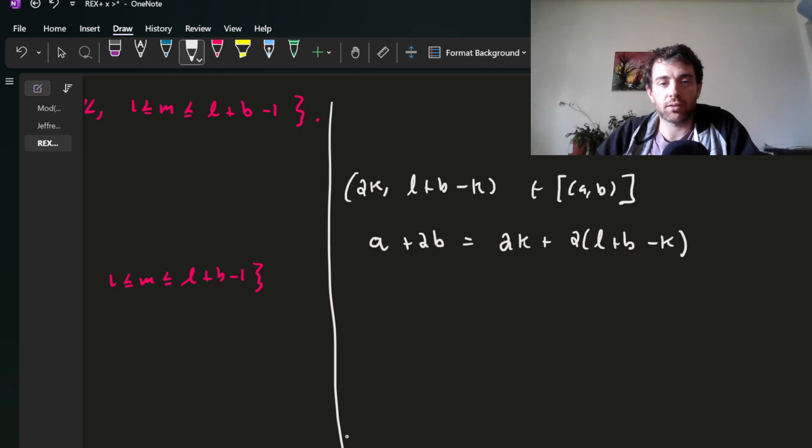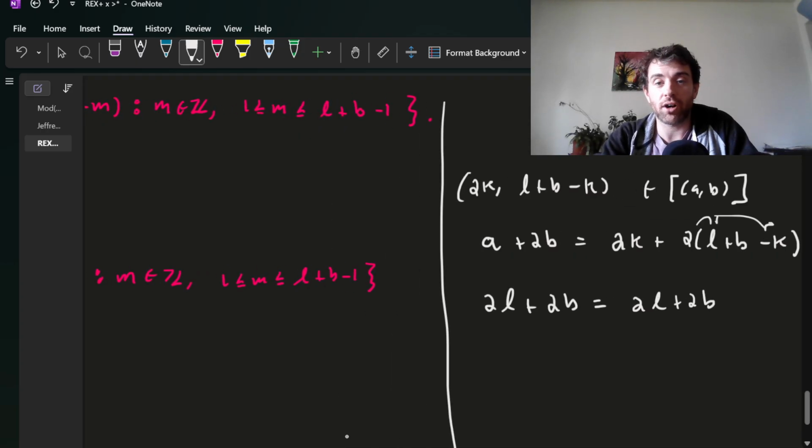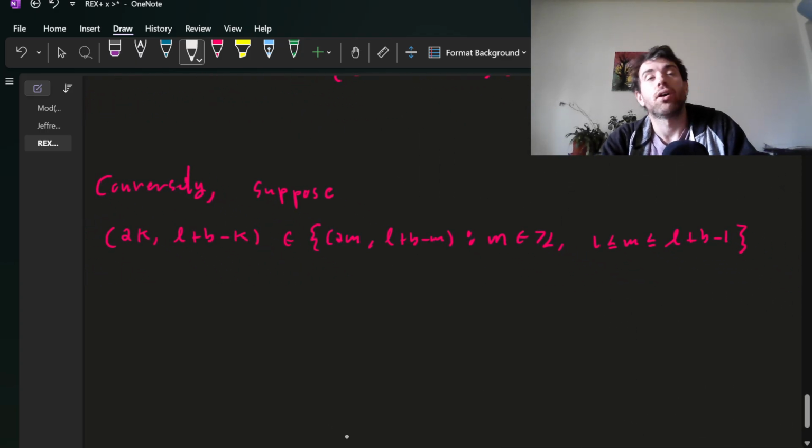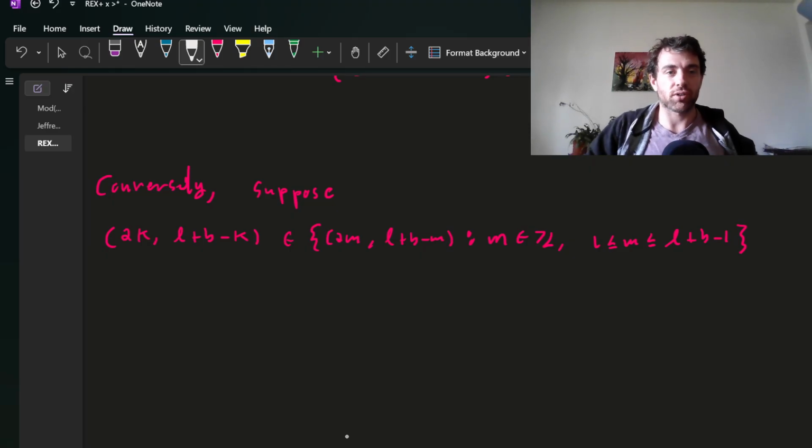But what does that mean? That means that 2L plus 2B is equal to, well, if we distribute this out, this is just this statement, right? Because the plus 2k and minus 2k cancel. So this one's a lot easier, right? And we also need to argue that these are both positive integers, right?